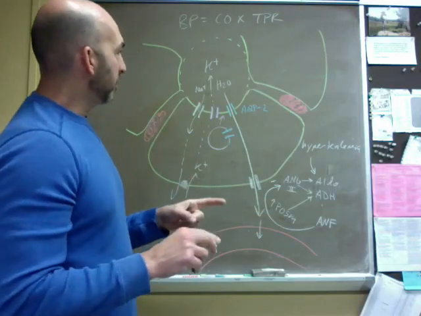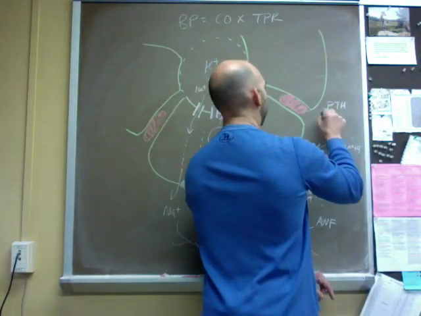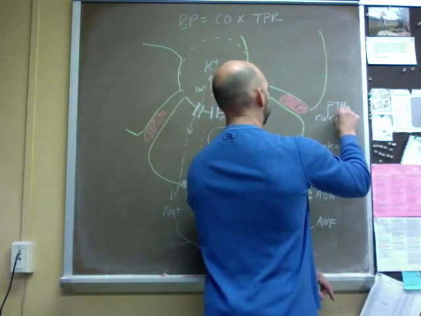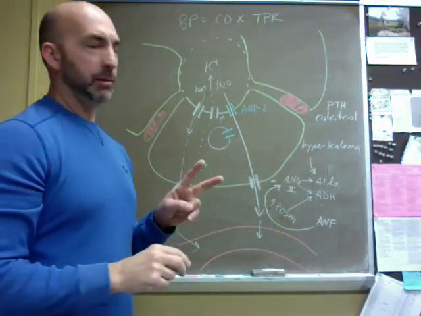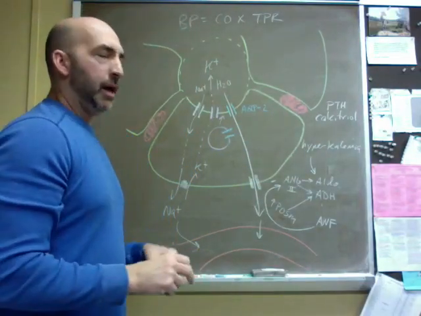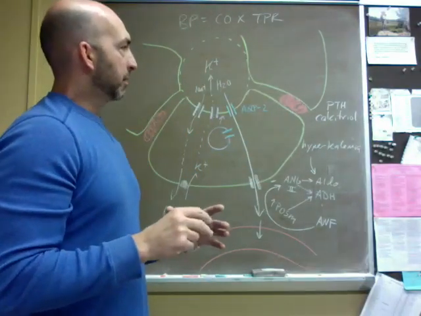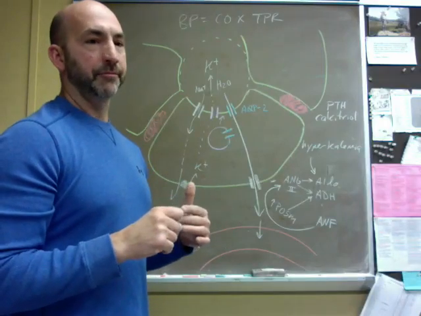Okay, the other two hormones, I'll squeeze them up here, are PTH and calcitriol. Those two hormones work together as a team, and actually PTH stimulates the production of calcitriol. They work together to enhance extracellular calcium levels, right?